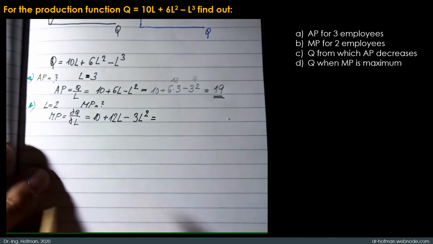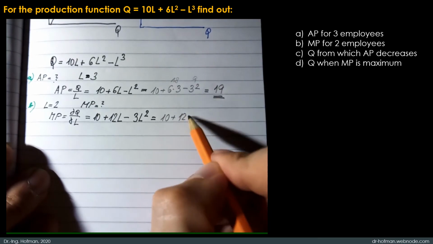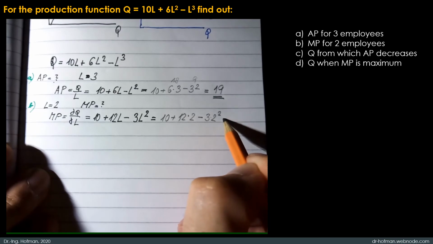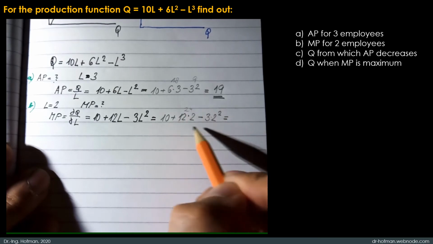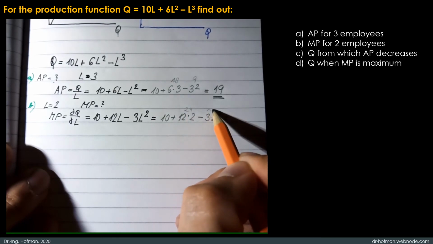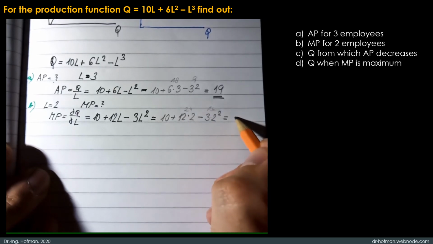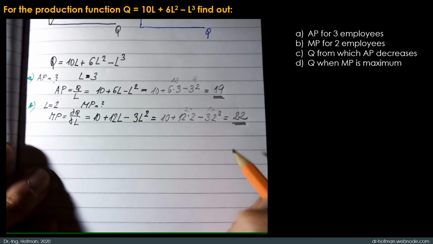Now I can use the value L is 2 in our expression, and I get 10 plus 12 times 2 minus 3 times 2 squared, which is 24 and 12. 10 plus 24 minus 12 is 22. This is the marginal product.